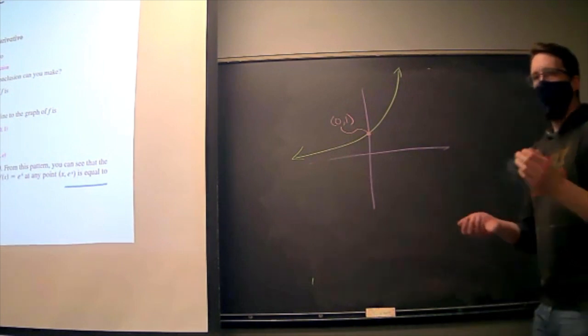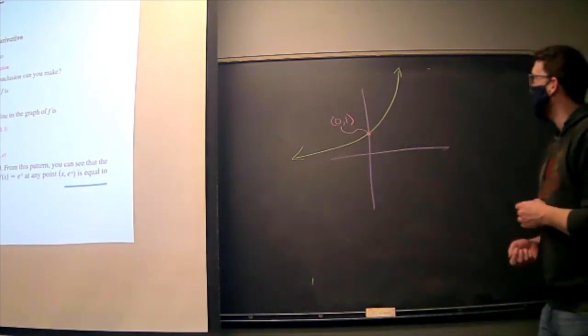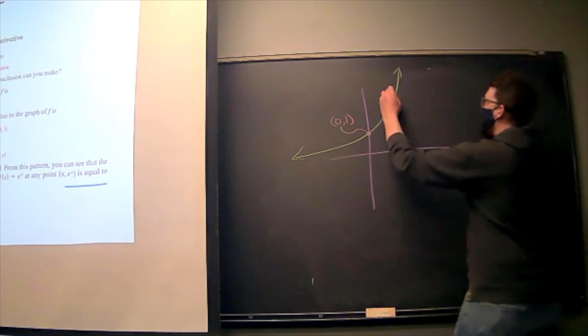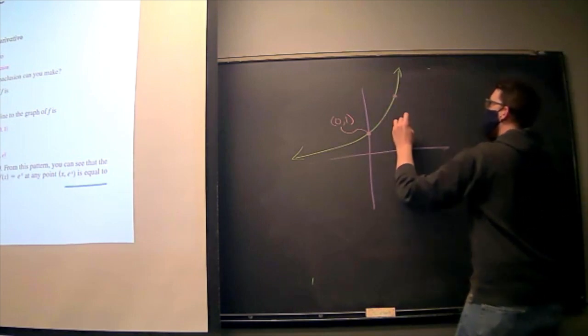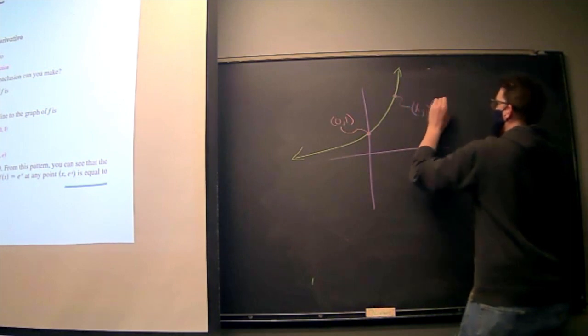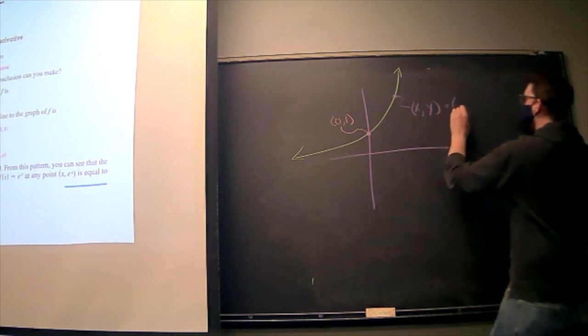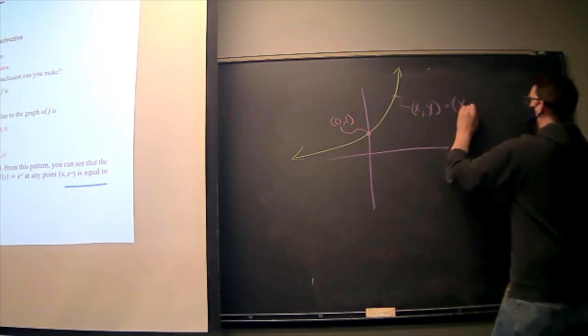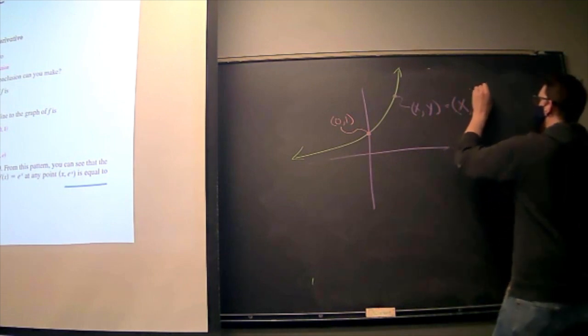Let's pick a random point on this graph. Let's call it (x, y). We know y is equal to e to the x, so we could rewrite it as e to the x.